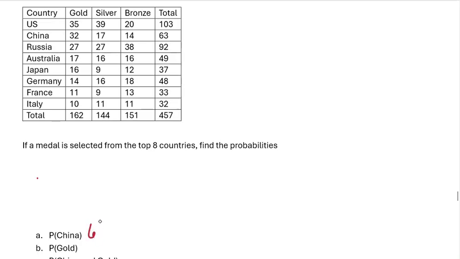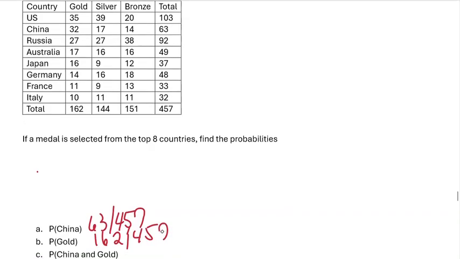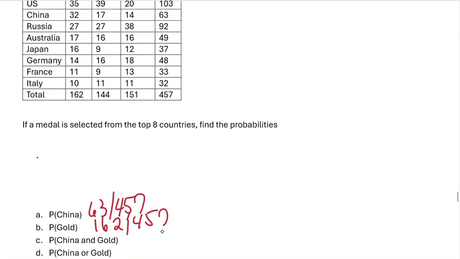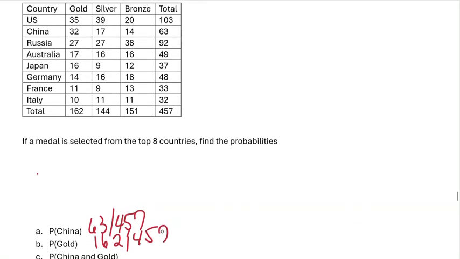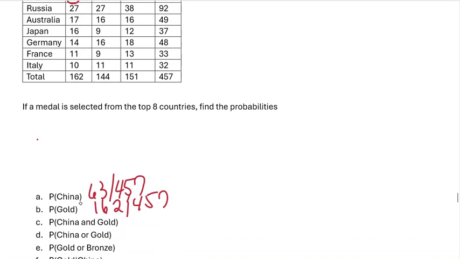What's the probability of it being a gold medal? Well, that's going to be 162 over 457. The probability that it's China and it's a gold medal, China and gold overlaps right here. So that's going to be 32 over 457.